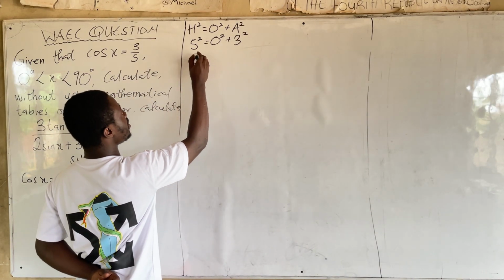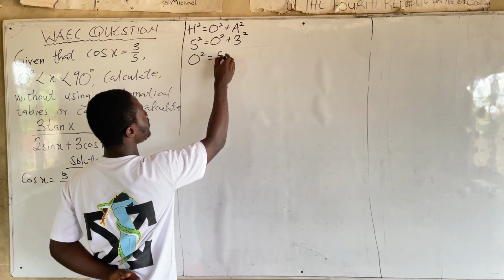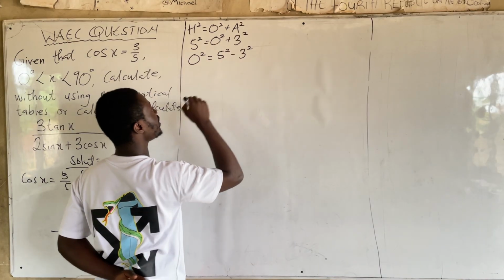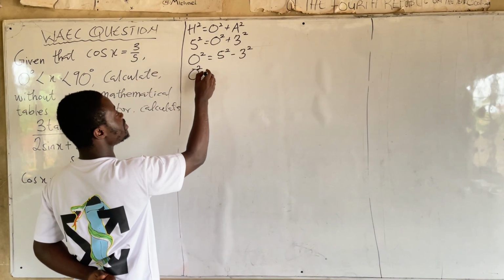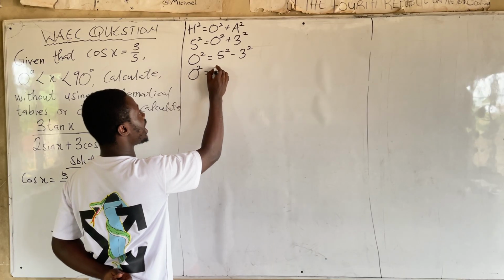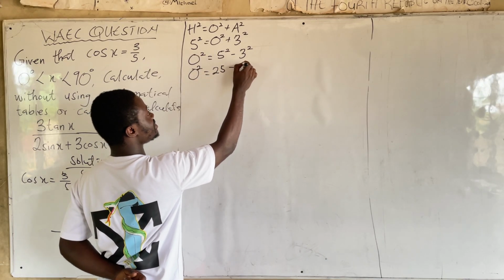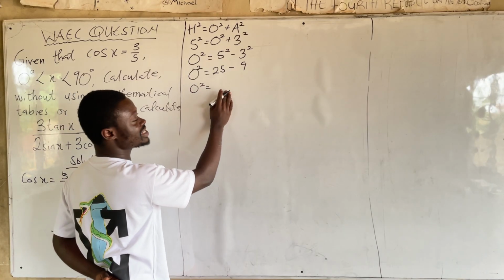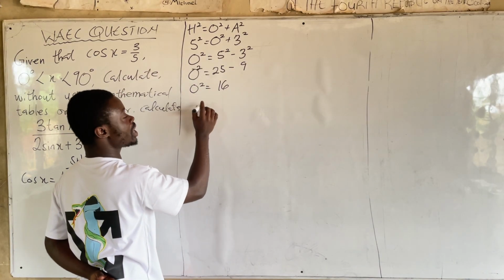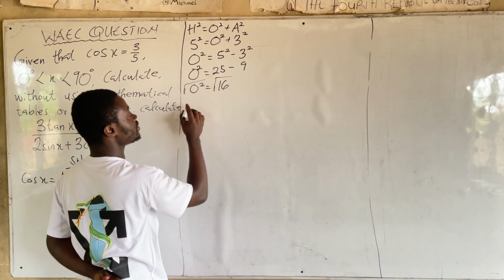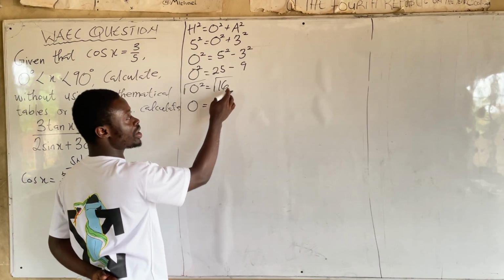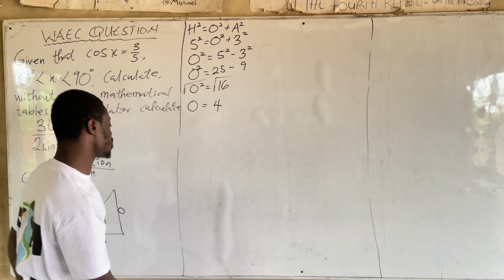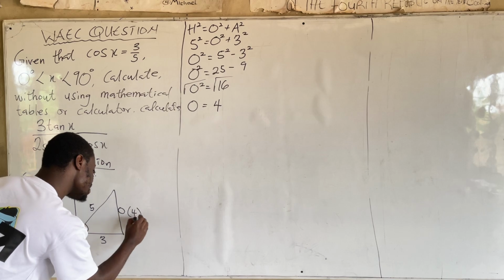Opposite squared equals 5 squared minus 3 squared. 5 squared is 25, 3 squared is 9, so opposite squared equals 25 minus 9, which gives us 16. We take the square root of both sides. Opposite equals the square root of 16, which is 4, since 4 times 4 is 16. So the value of opposite here is 4.